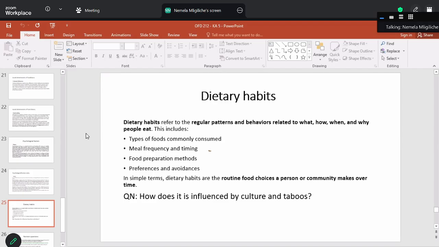Also in the culture, the foods used in ceremonies and festivals, the special dishes they prefer according to their food habits, types of foods which are avoided or restricted in that specific culture, types of foods which are more preferred, and also restrictions if certain types of food are restricted from certain groups of people, for example children, or pregnant women.